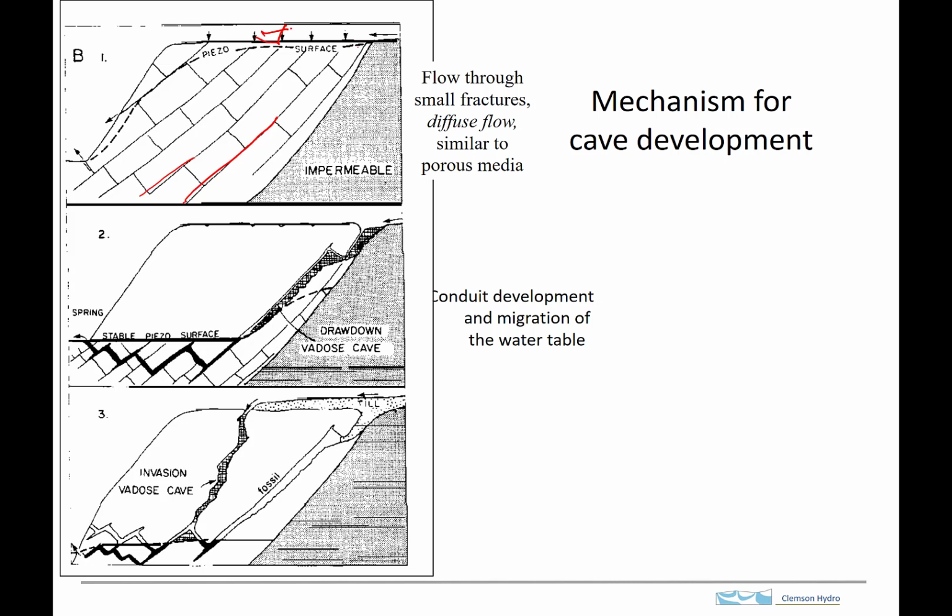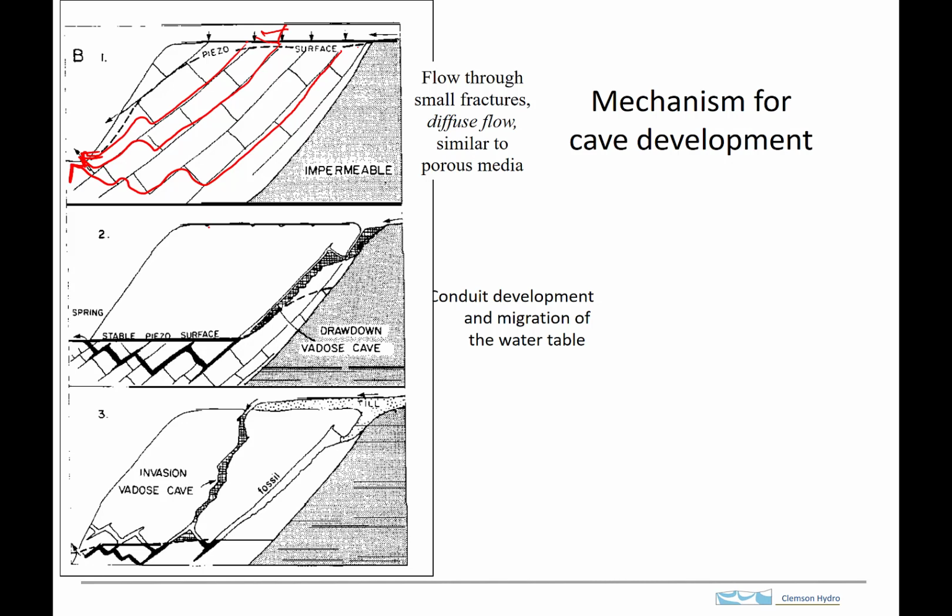You could imagine that at this point we would expect to have a flow system that looks like this, and maybe something like this. And so early on, the flow would be through some small conduits like that.